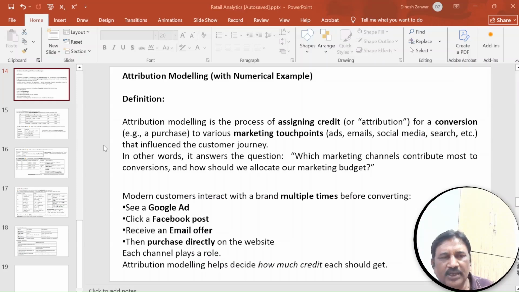Then C2, again, has three touch points as you see. C2 has three touch points, C3 has two, C4 has two, and C5 has four touch points. The value of the journey, as you have seen there, was 2,000.